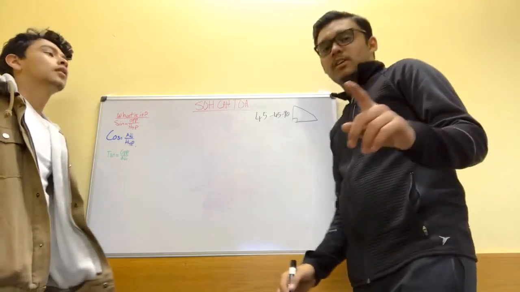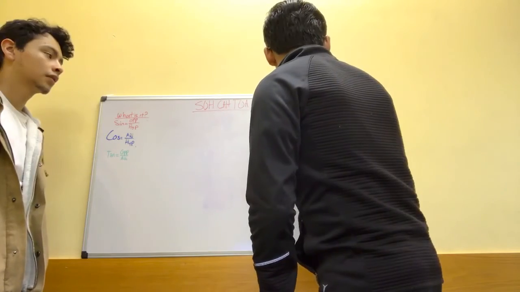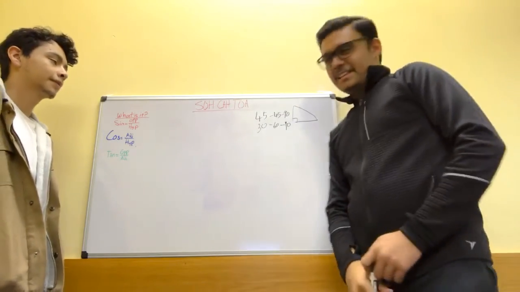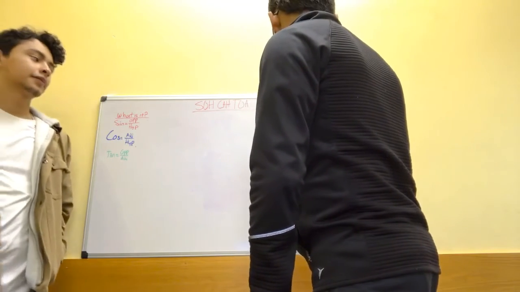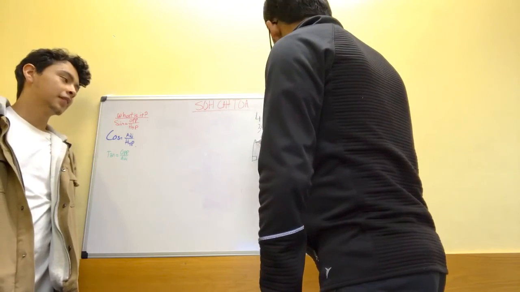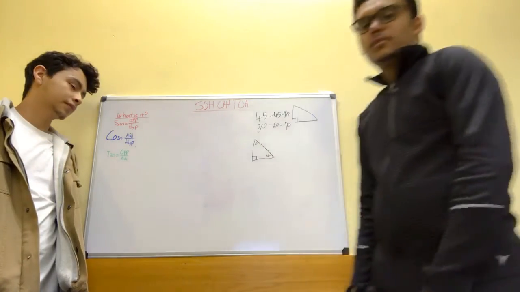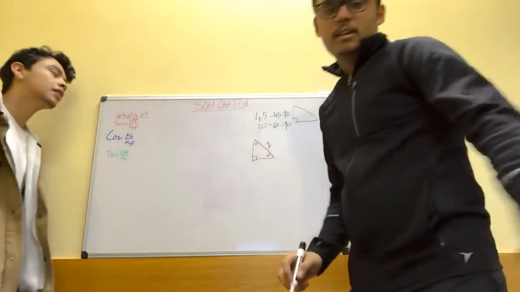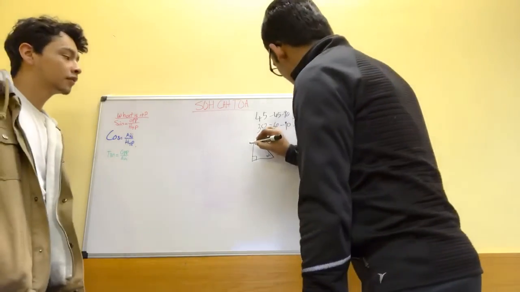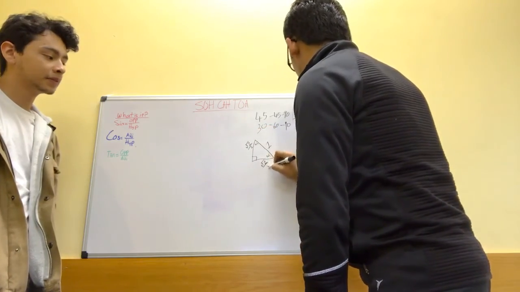And there is one more special triangle, which is 30, 60, and 90. So the way you arrange this is you have a 90 degree and you have 45 degree and 45 degree. So if you have this, the hypotenuse is going to be 1, and your legs are going to be square root of 2 over 2, square root of 2 over 2.